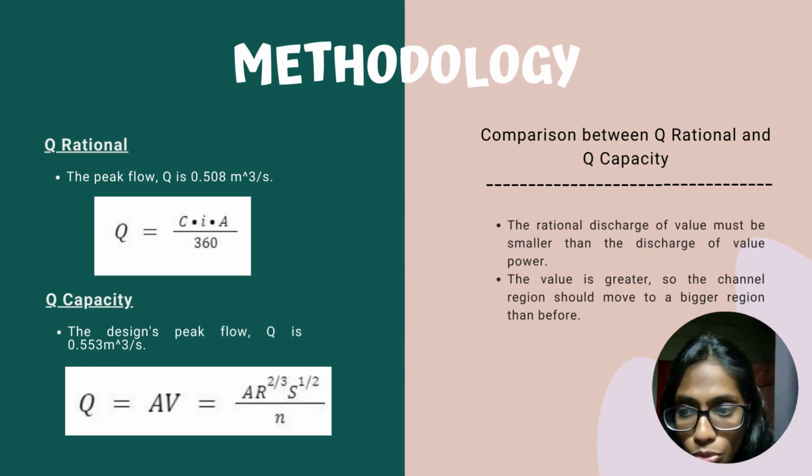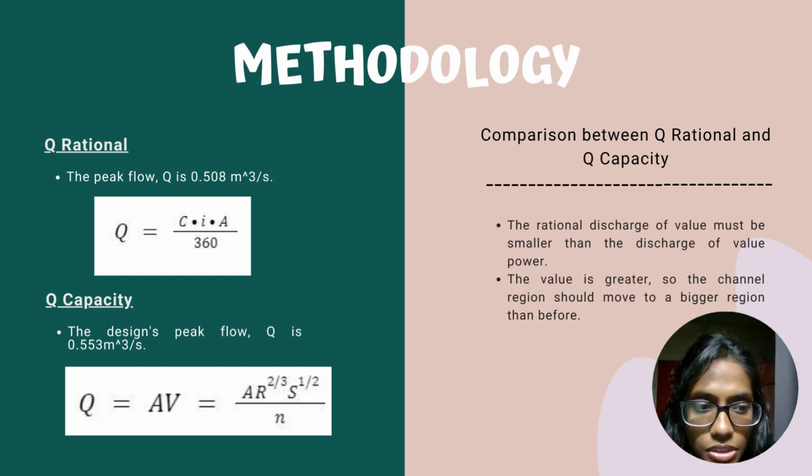Then we continued to ascertain the Q assumption, and the design peak flow, which was 0.553 meter cube per second, was significantly larger than the assumption's peak flow, which was 0.508 meter cube per second.